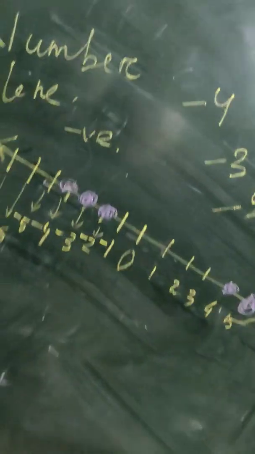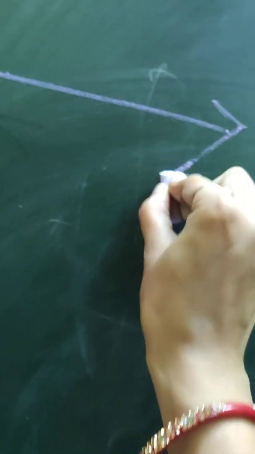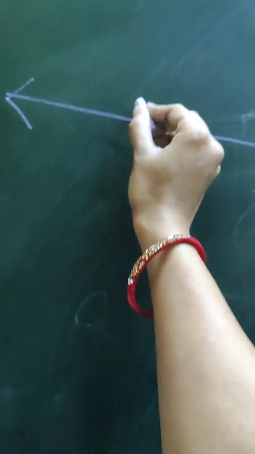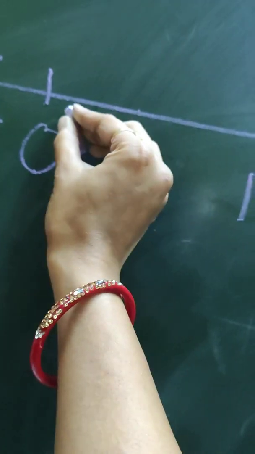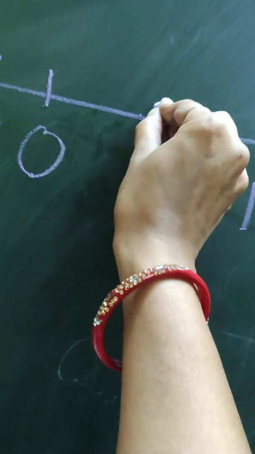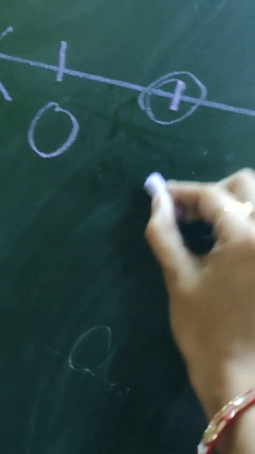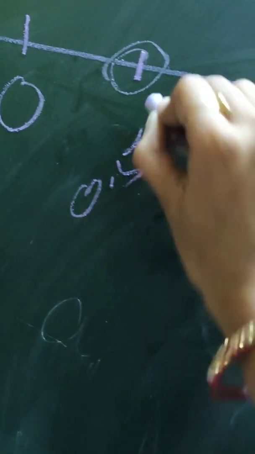Now remember, for example, you have a number line and you have to express decimals. For example, this is 0, this is 1, and you have been asked to demarcate 0.5. So exactly in between 0 and 1, this point demarcates 0.5.